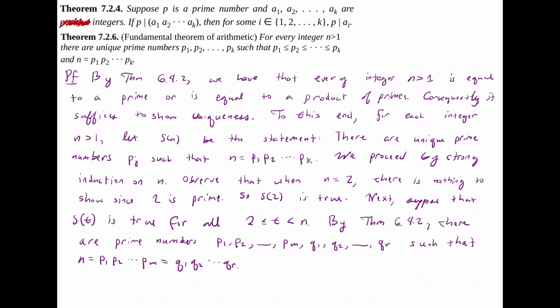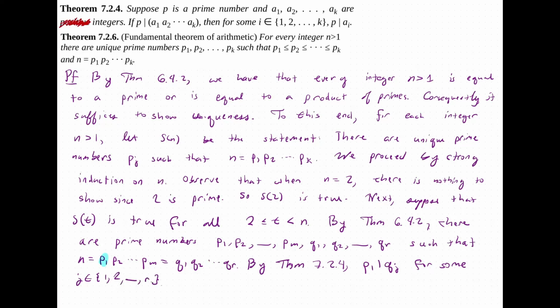And so we're going to focus on P1. P1 now divides Q1, Q2 through Q sub r. And so by Theorem 7.2.4, P1 divides Q sub j for some j in the interval 1, 2 through r.